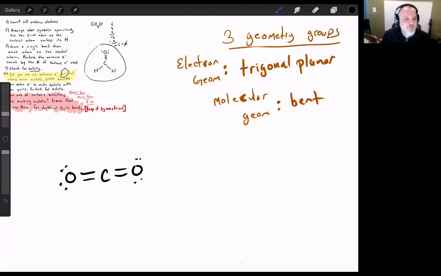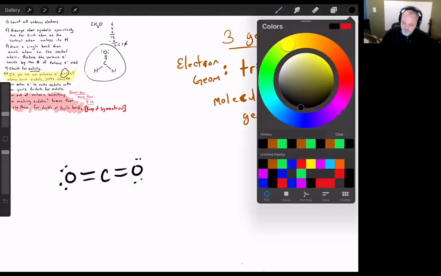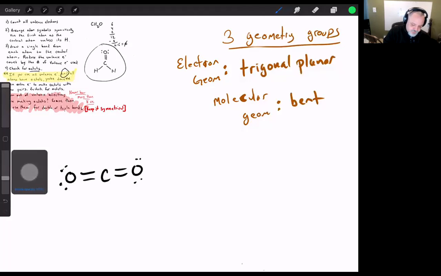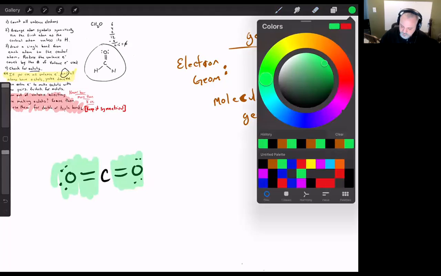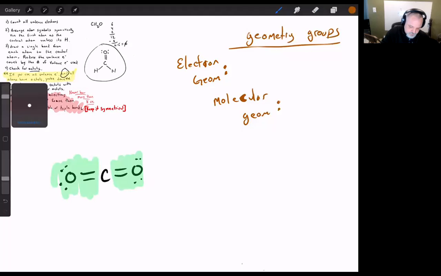How many geometry groups here? Yeah, 1, 2. So this is 2 geometry groups. What's the electron geometry here?